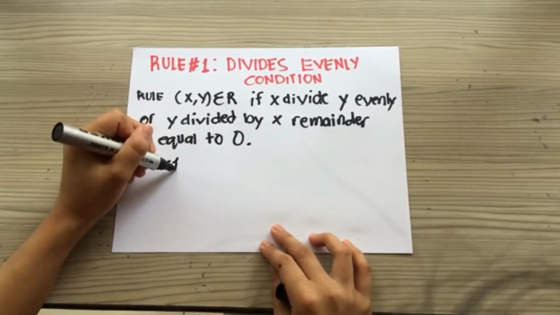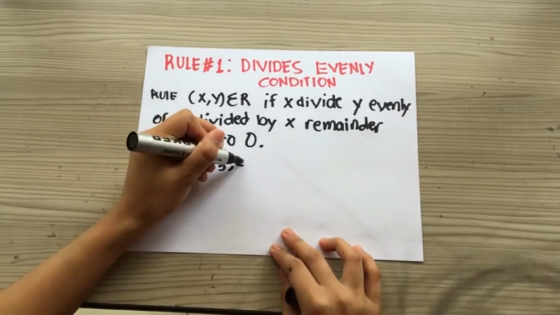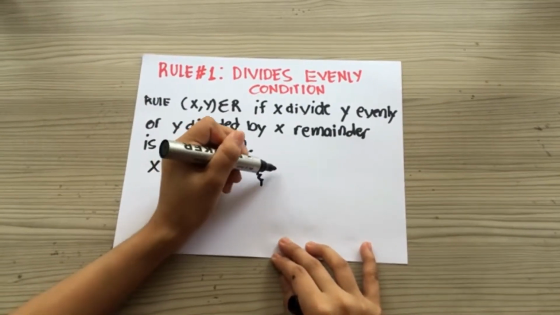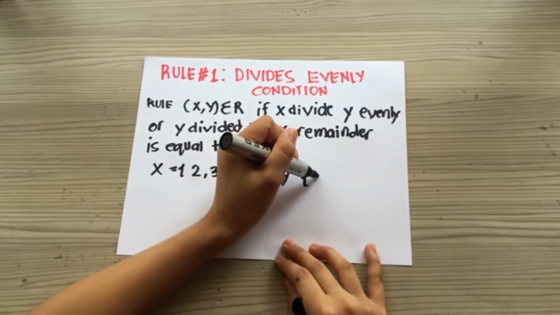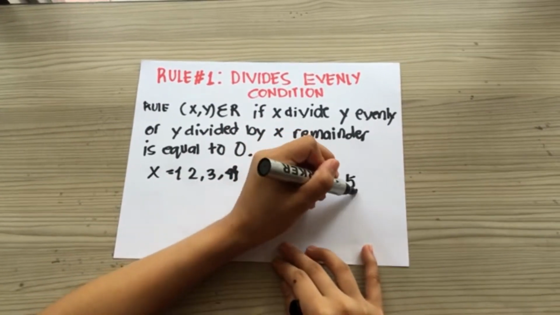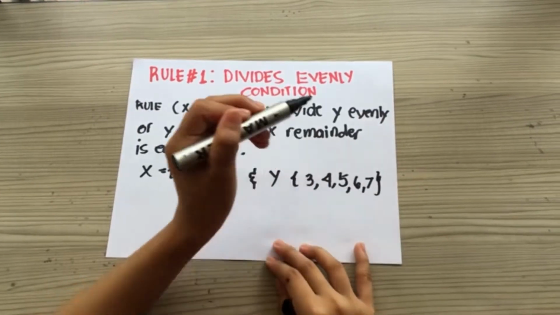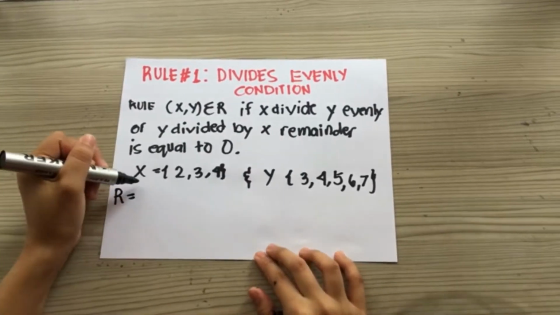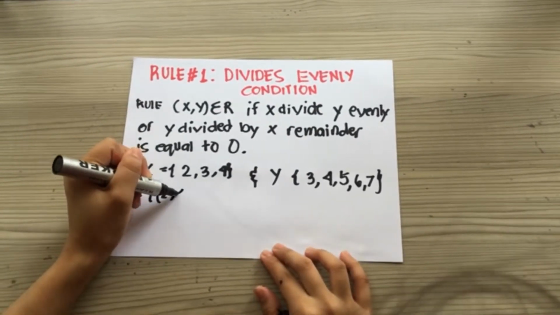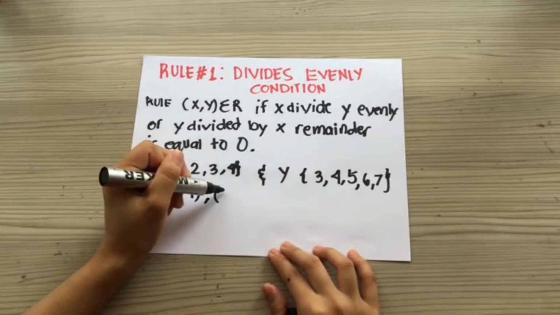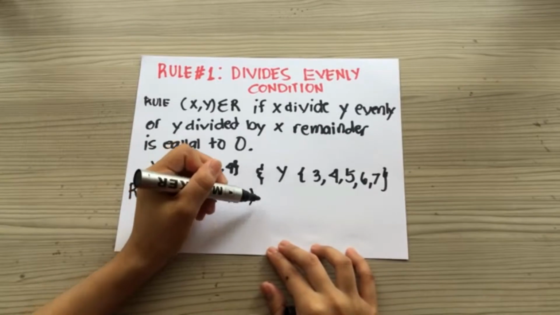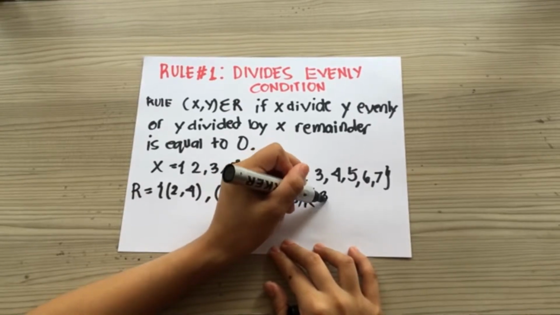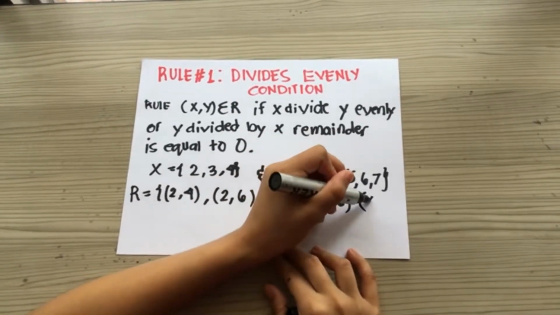Therefore, we obtain, if we let x be equal to 2, 3, and 4, and we let y be equal to 3, 4, 5, 6, and 7, the relation would be (2, 4), (2, 6), (3, 3), (3, 6), and (4, 4).